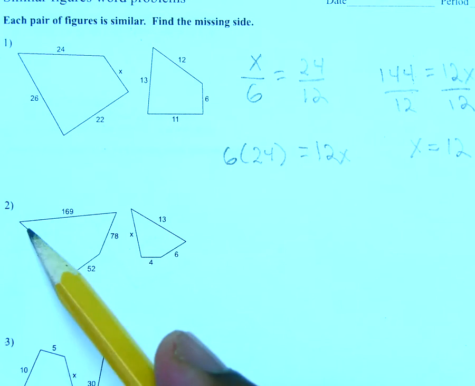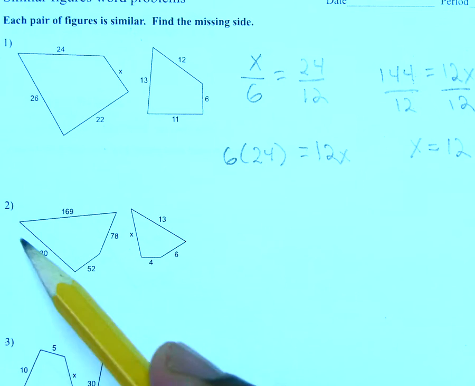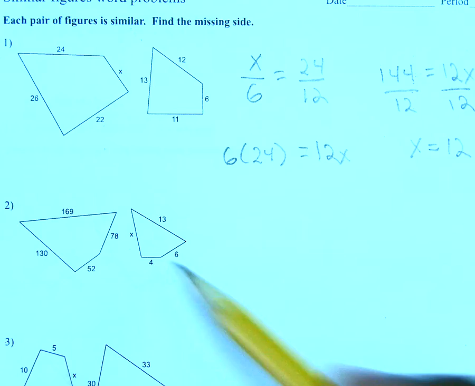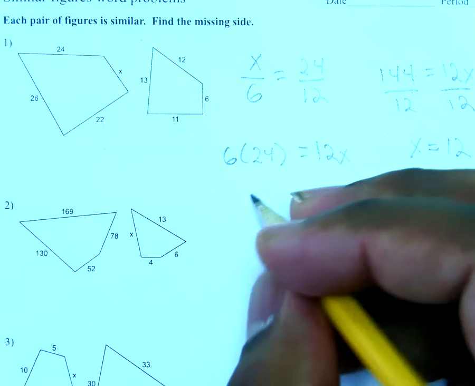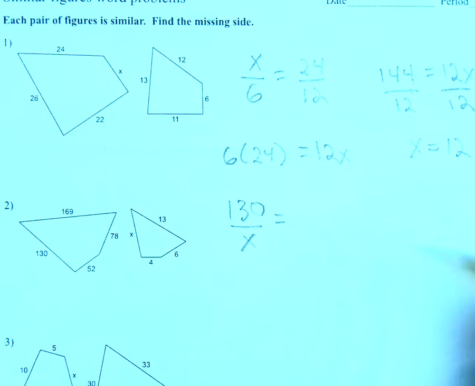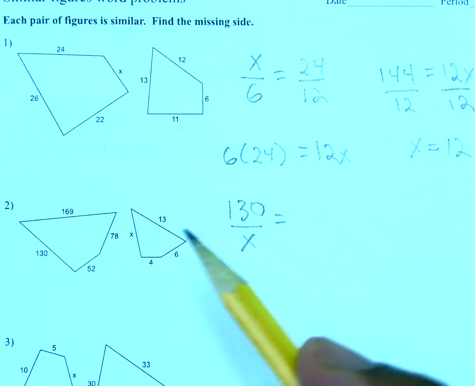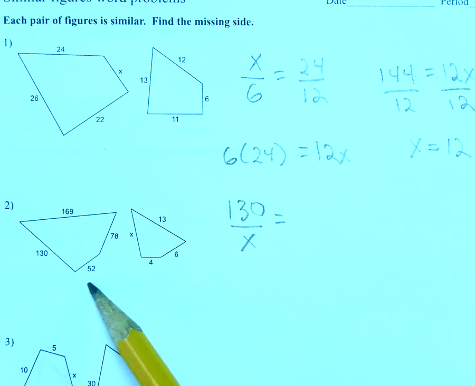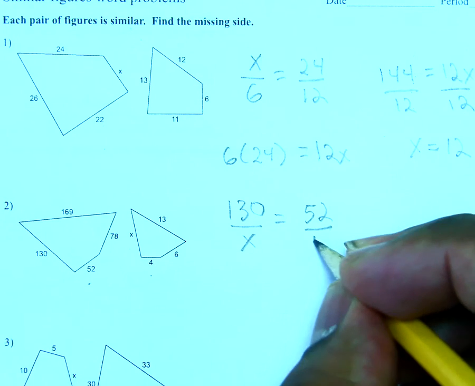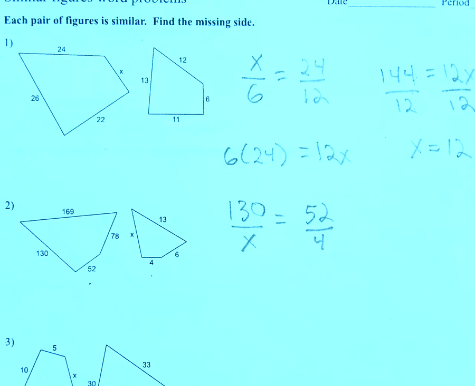So since 169 is longer than 130, the 130 would correspond with the x. So I'll put 130 over x. And I'm going to set it equal to a smaller number here, 52 over 4. And like I said, you could pick any ratio.